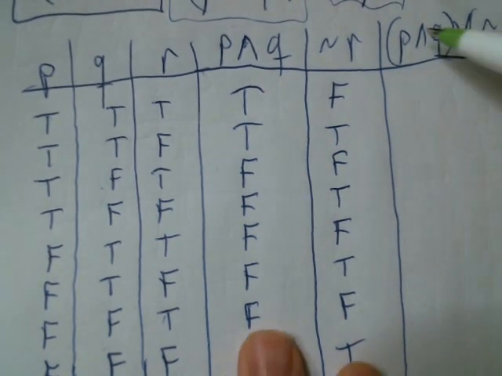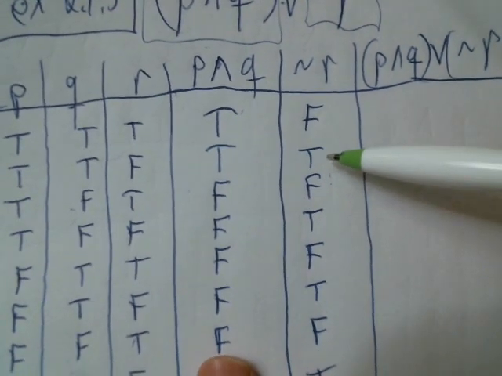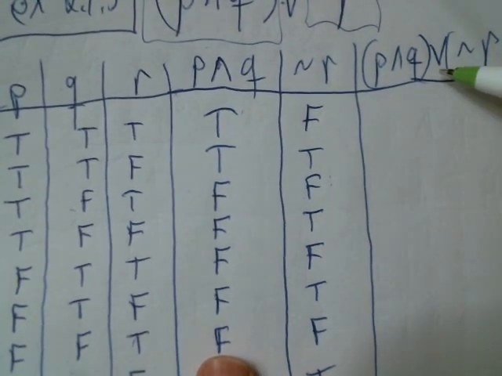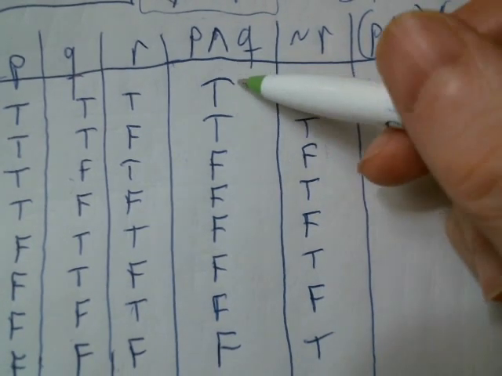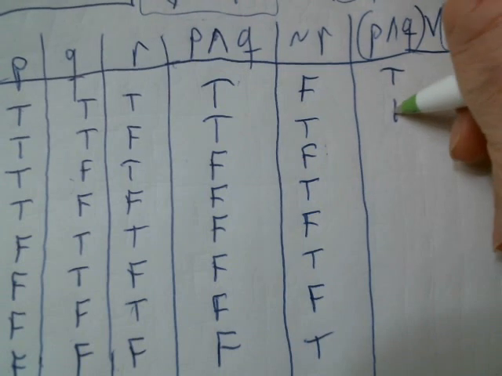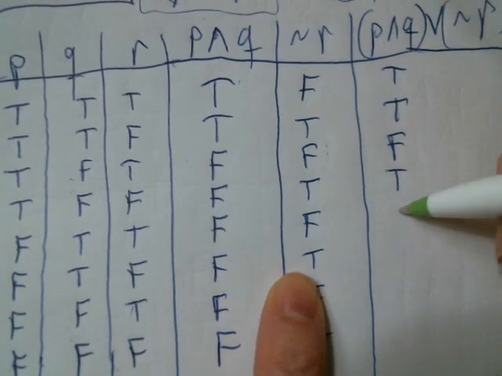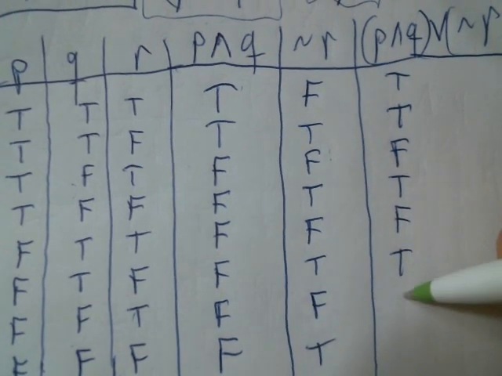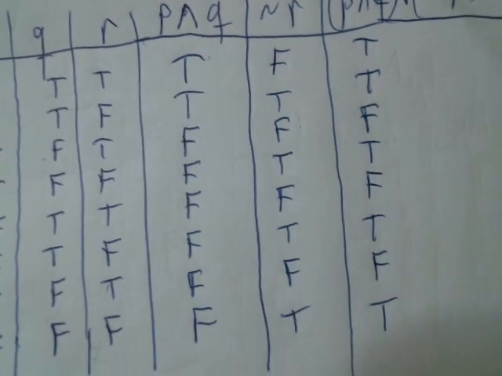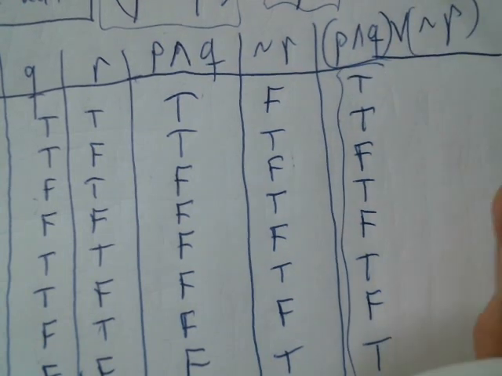And then finally, we're comparing this guy and this guy with a disjunction. So if either one is true, it's true. As soon as you see a true, you know it's true. This one is false. Then this one's true. This one's false, true, false, and then finally true again. And there's our truth value.